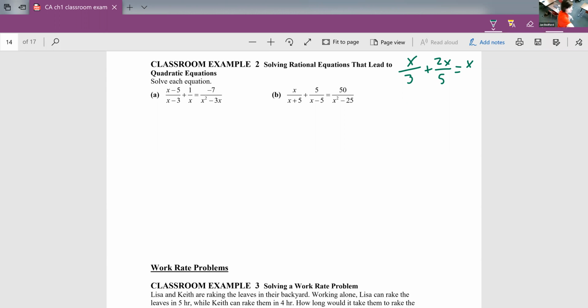Now, what if this had been a 15? Is my LCD 45? What's my LCD? Remember, my LCD can never be smaller than whatever my largest number is in the denominator. It's 15.